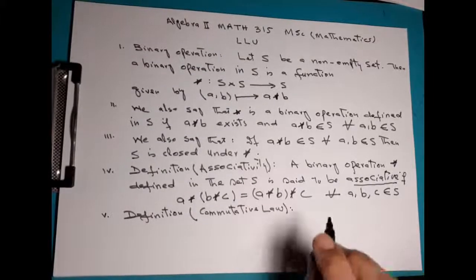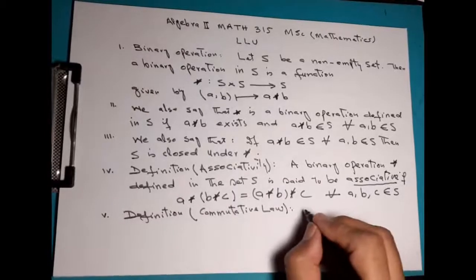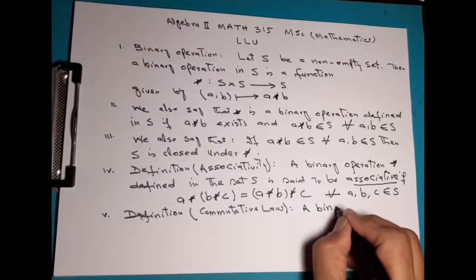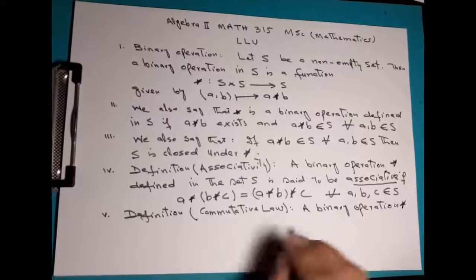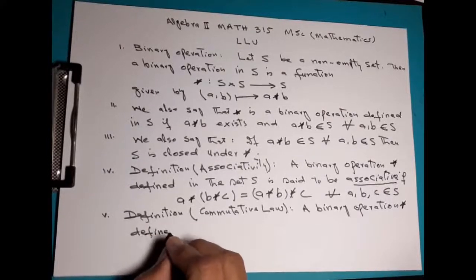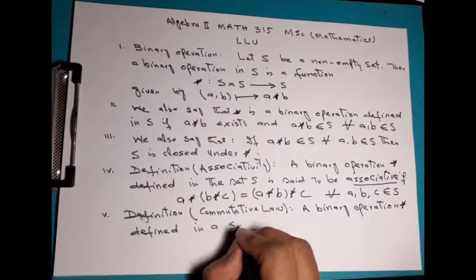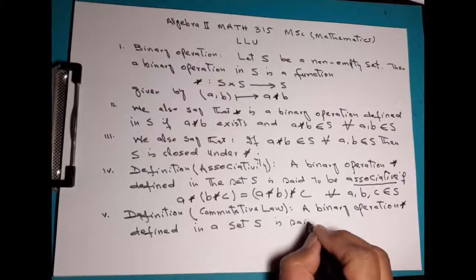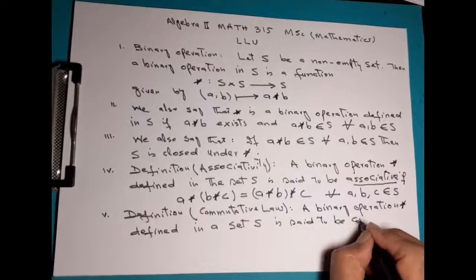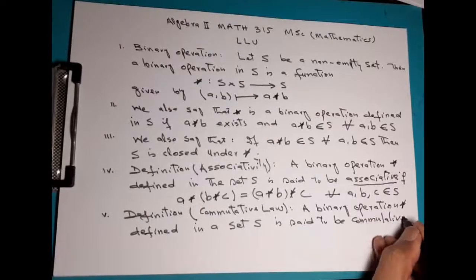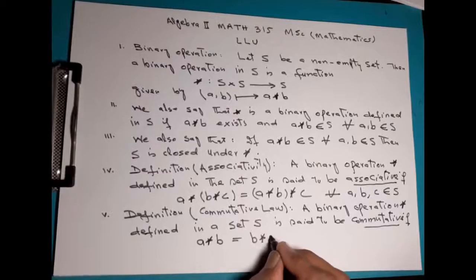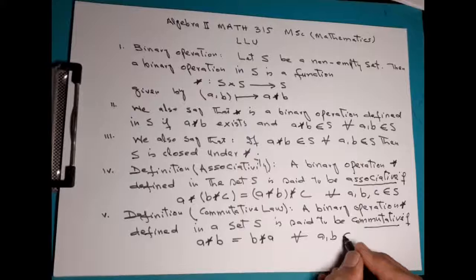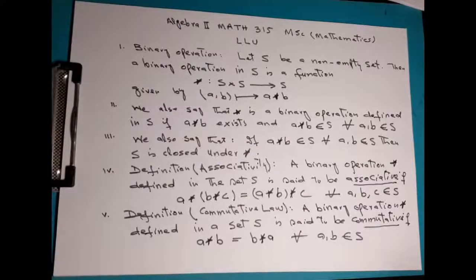So a binary operation star defined in a set S is said to be commutative if the condition is that A star B is equal to B star A for all A, B belonging to S. So this is definition of a binary operation being commutative.